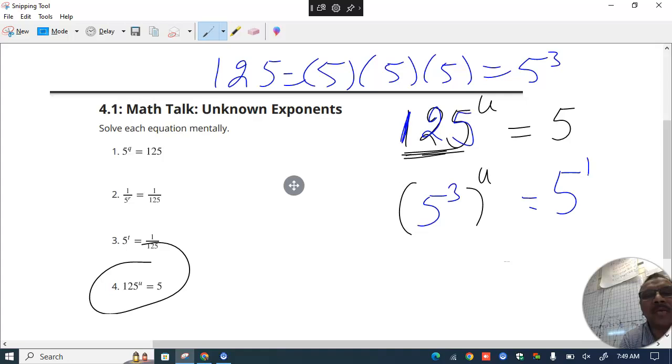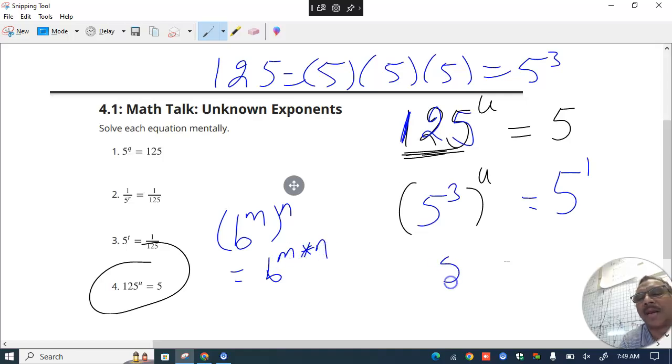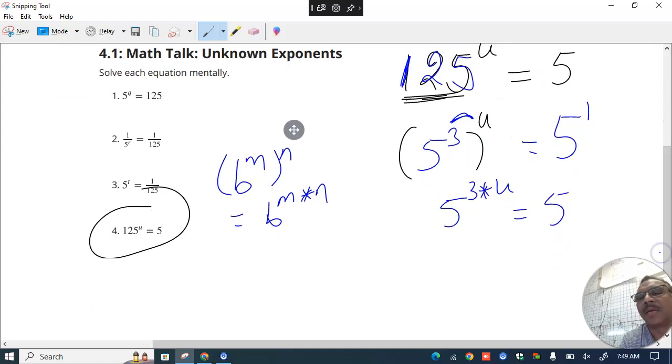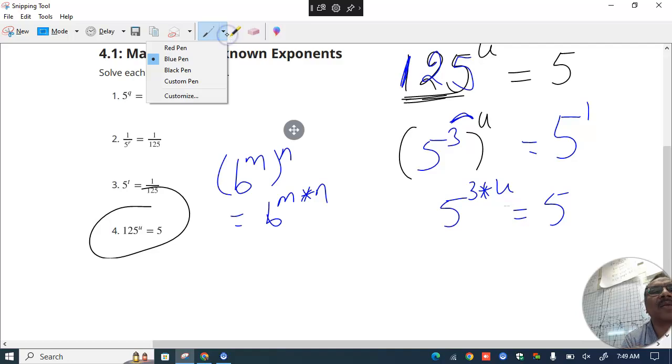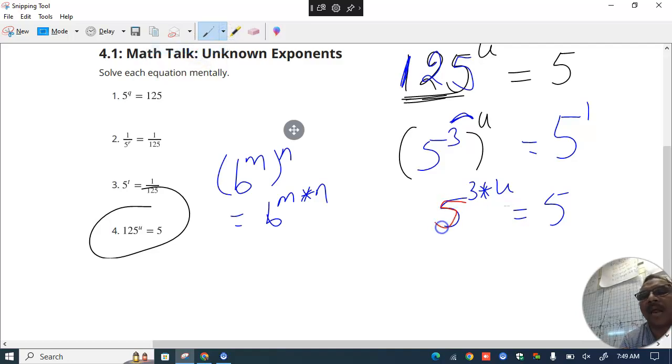Now, you can use another exponent property, the power of a power. This can be written as 5 raised to 3u, 3 times u. So you just multiply these two pieces and you get 5 raised to 3u. Now both sides have the same base, so the exponents have to be the same.